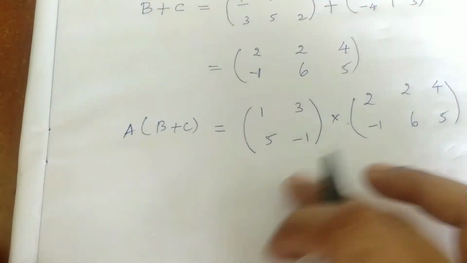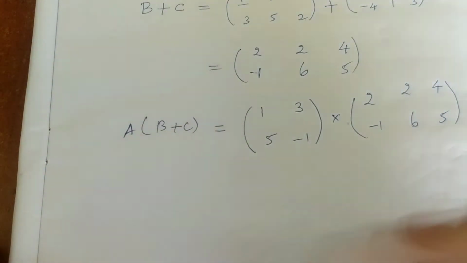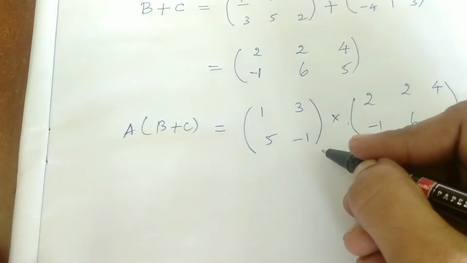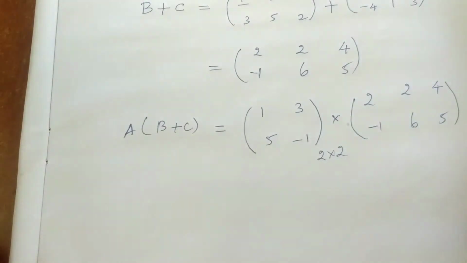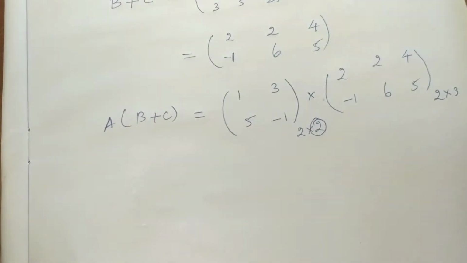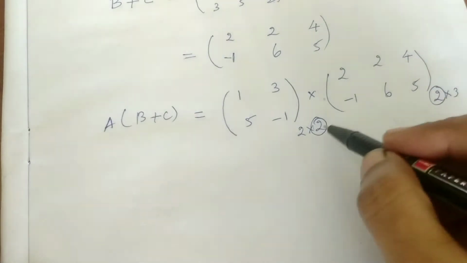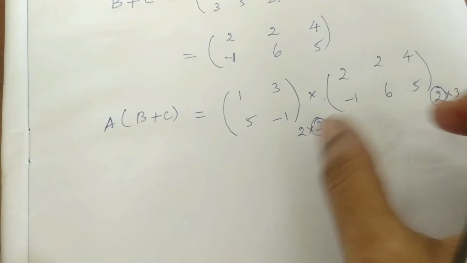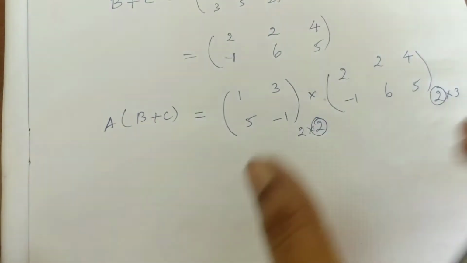First you have to check the order of the product matrix. In our first matrix we are having 2 rows, 2 columns. In our second matrix we are having 2 rows, 3 columns. So the number of columns in our first matrix and the number of rows in the second matrix are matching. Therefore the product will definitely exist.